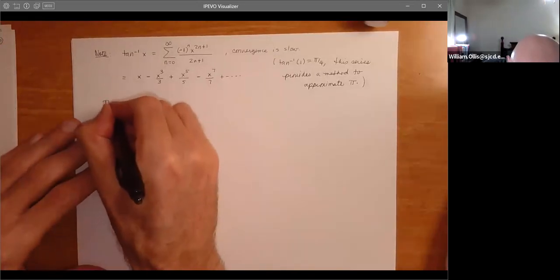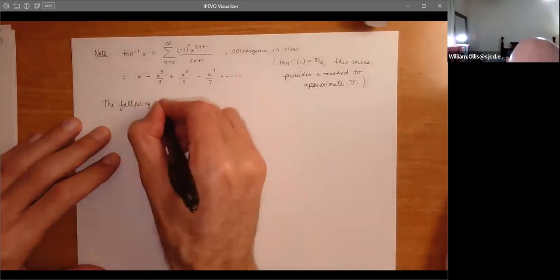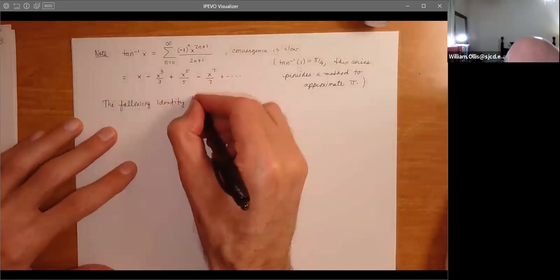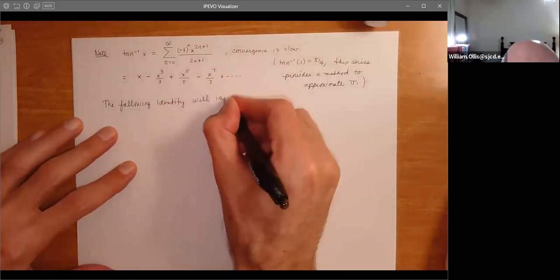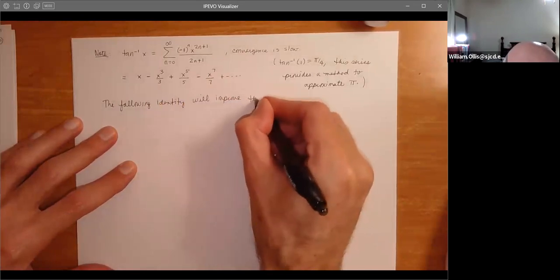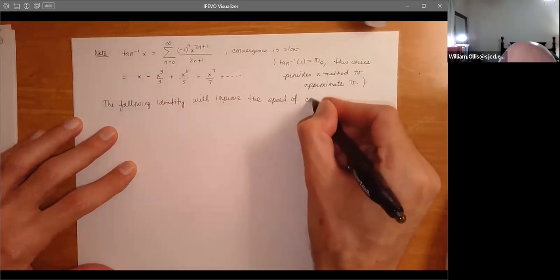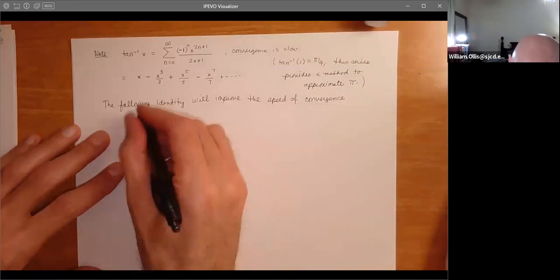The following identity will improve the speed of convergence. And it looks like this.